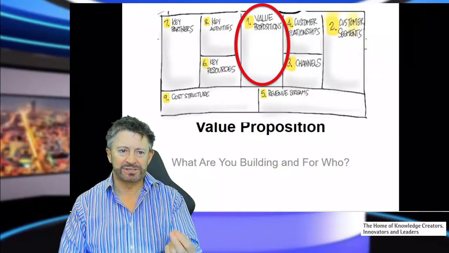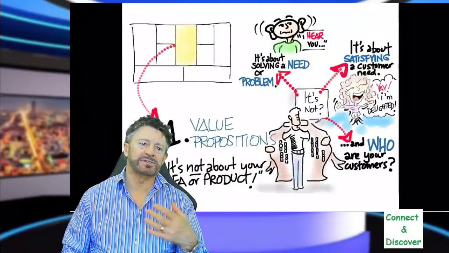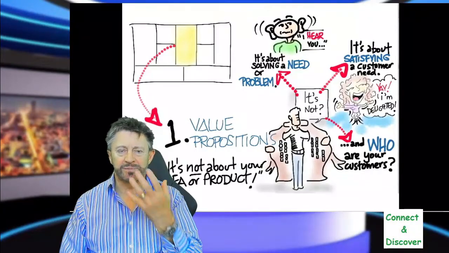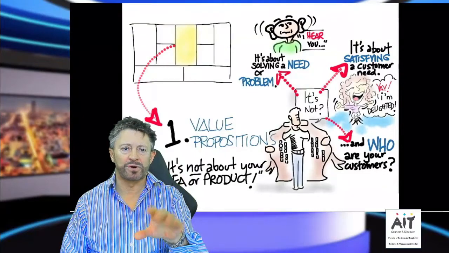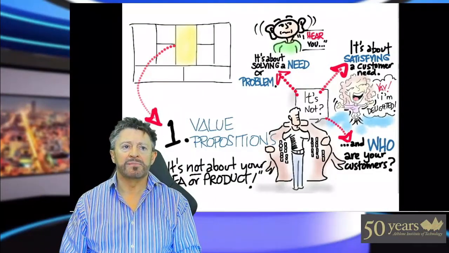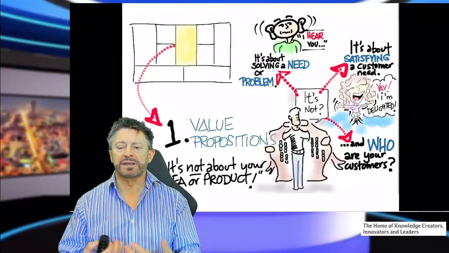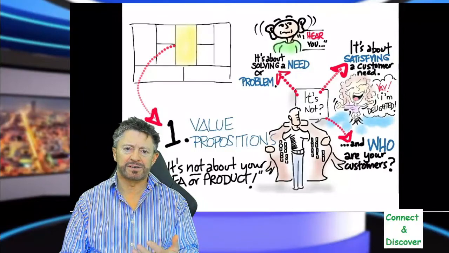There has to be a reason why you offer that. So value proposition, I said, it's not about your idea or your product. It's about satisfying whatever the customers' needs are, knowing who our customers are, and of course then, is it about solving a need or a problem? Generally speaking, we can classify everything down to that level.